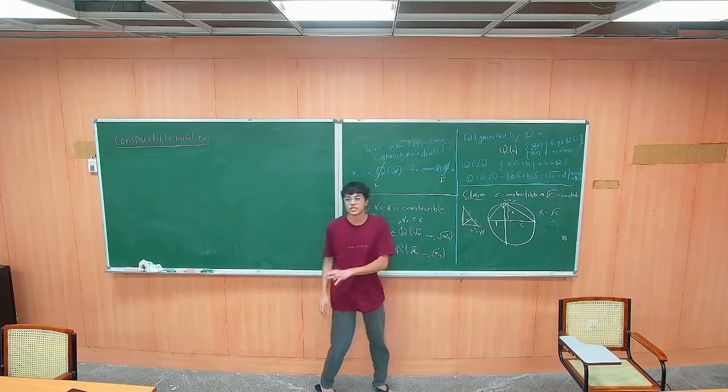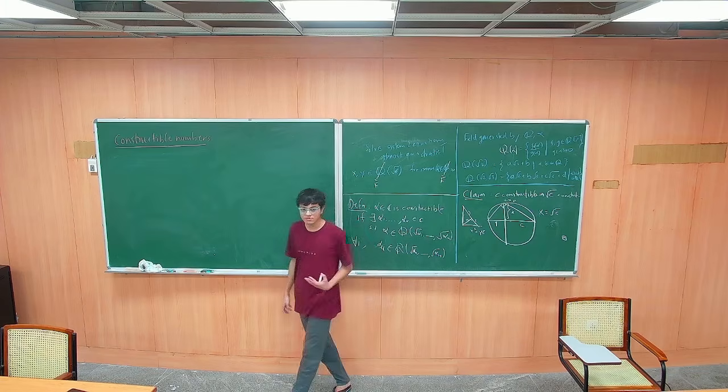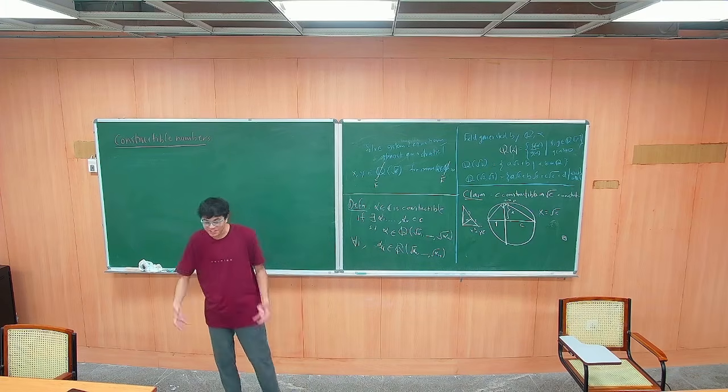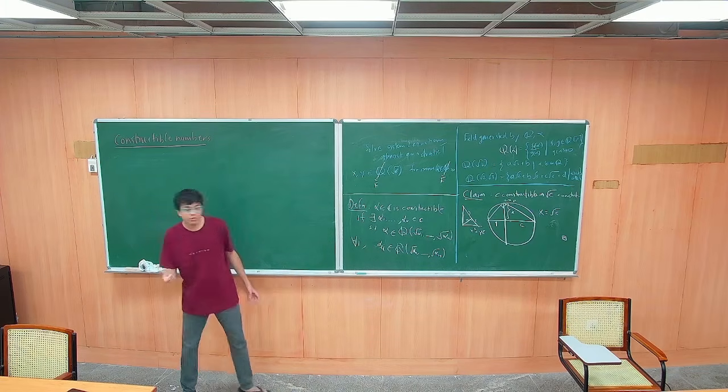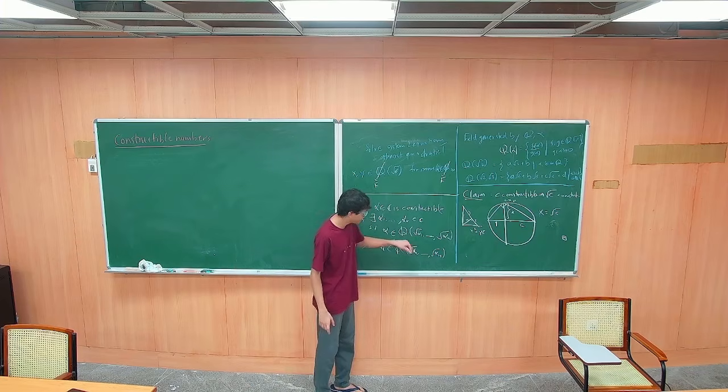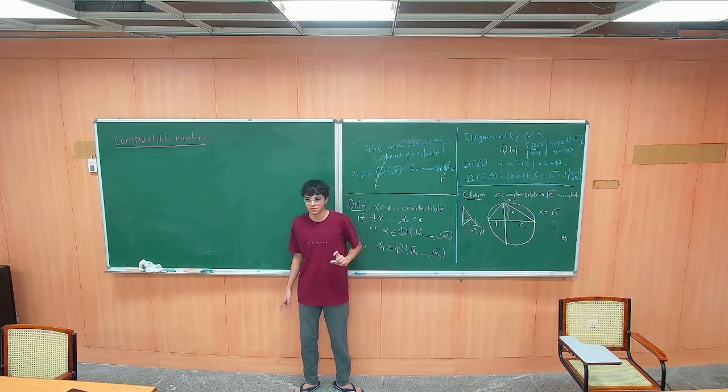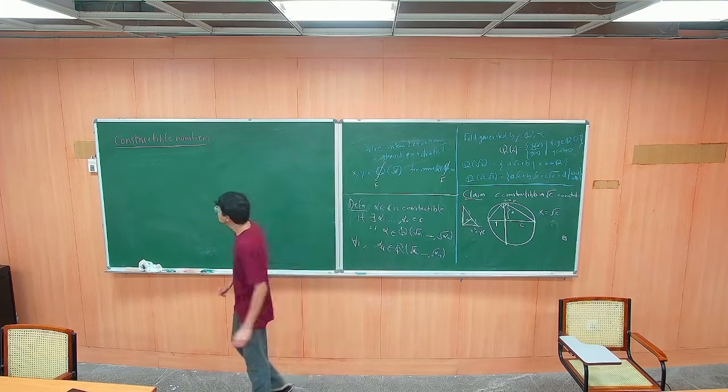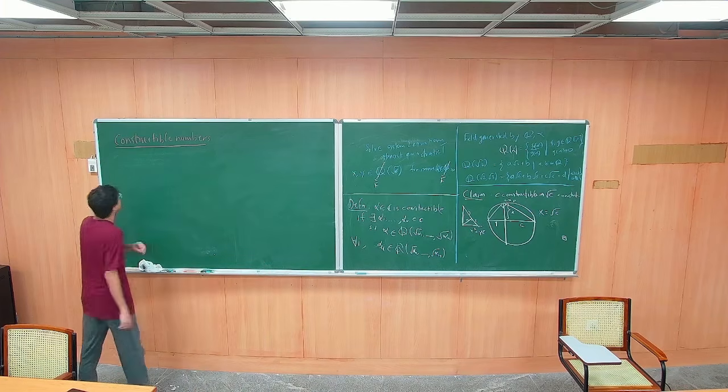What does root alpha 2 satisfy? X squared minus alpha 2 equal to 0, where now this alpha 2 is an element of the field generated by Q and root alpha 1.